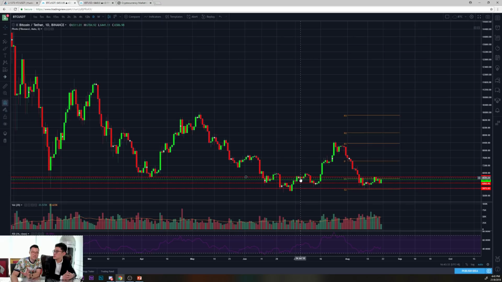I remember that Consensus New York was in July. There was nothing much. You had this kind of movement upwards, but I think this movement upwards was with regards to the ETF. Yeah, it was the potential ETF approval.